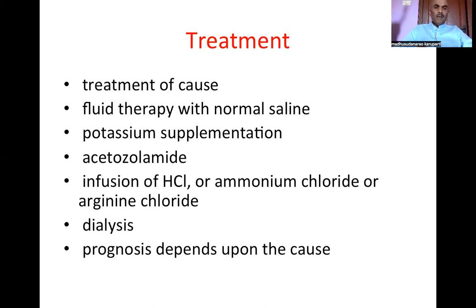So instead of recurrent gastric aspirations, use proton pump inhibitors to treat the associated gastritis and treat the persistent vomiting, and go with fluid therapy with normal saline.